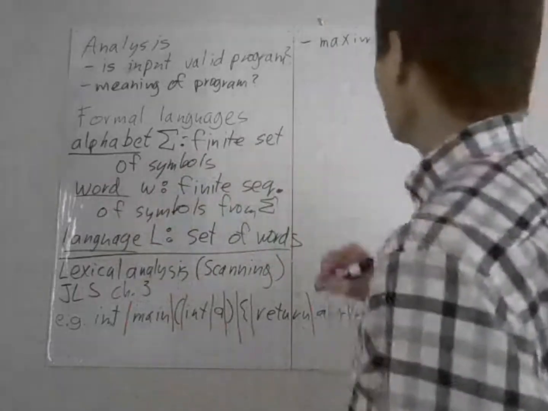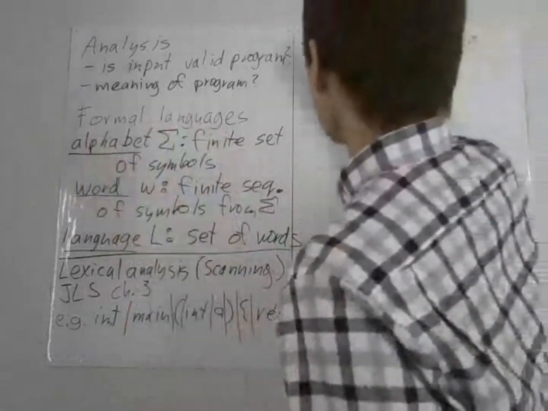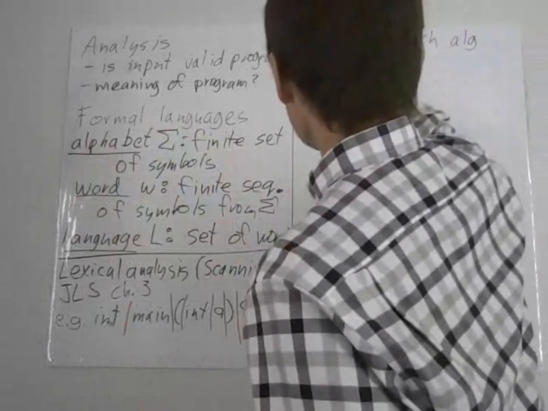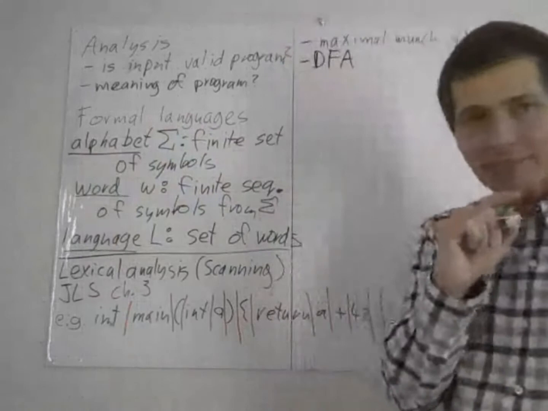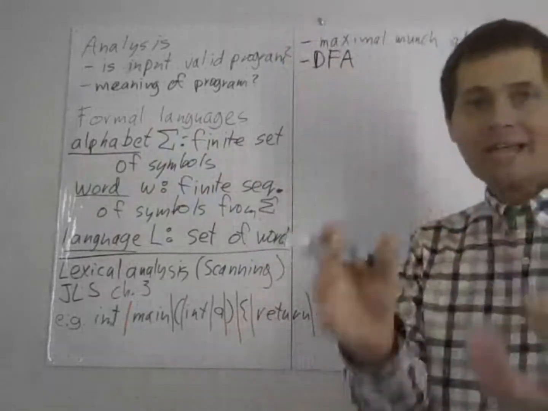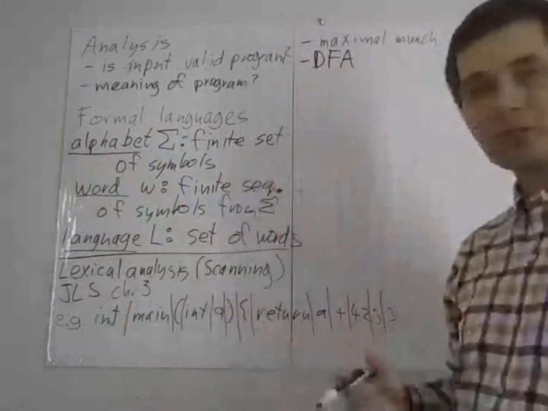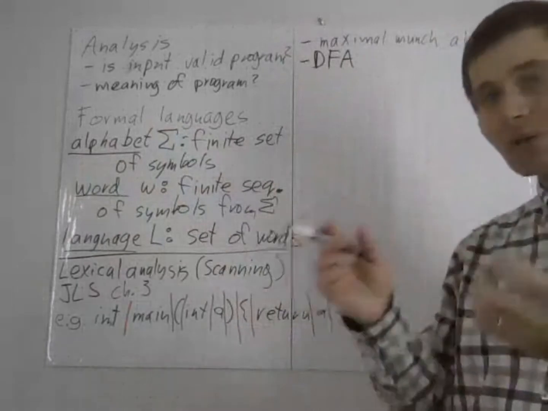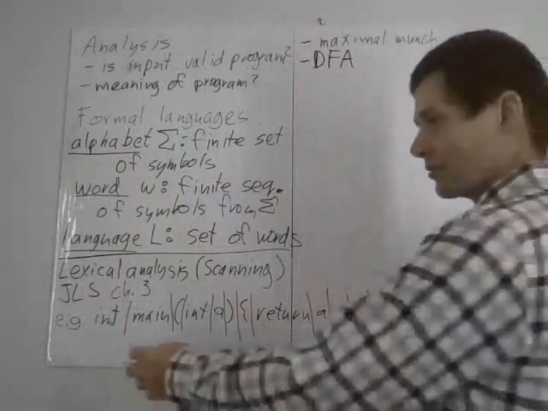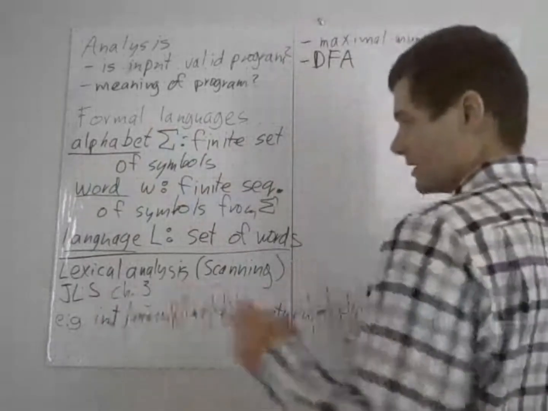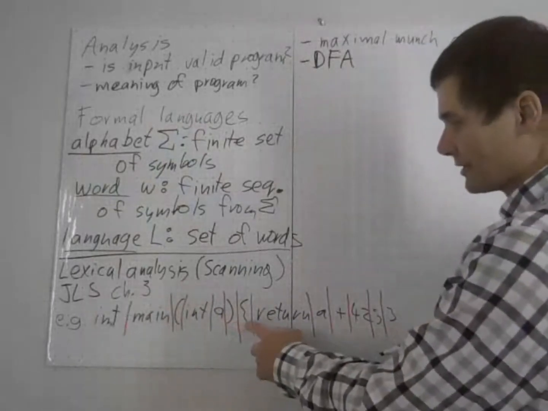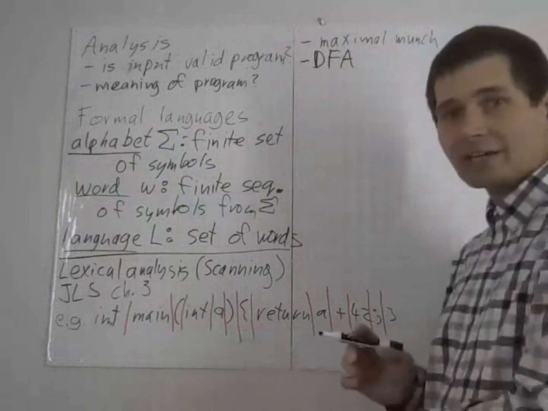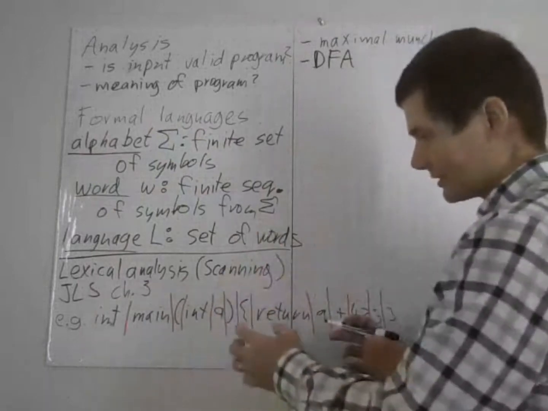Okay, and for this algorithm, we're going to use deterministic finite automata to specify the language or the set of valid tokens. So we're going to create a DFA that says, int is a valid token, main is a valid token, but maybe close parenthesis, open brace is not a valid token.